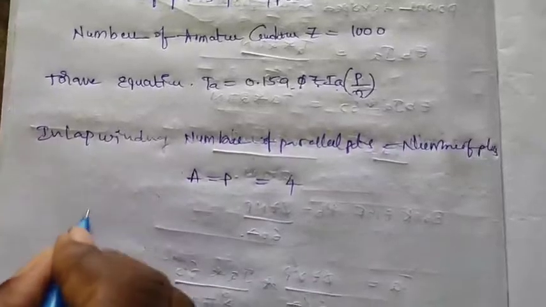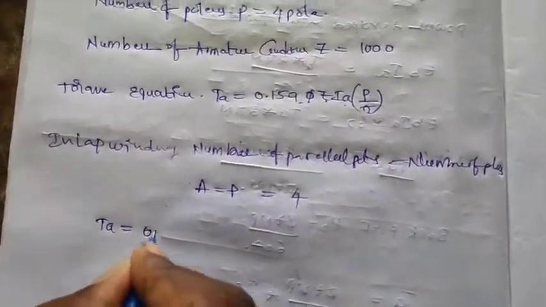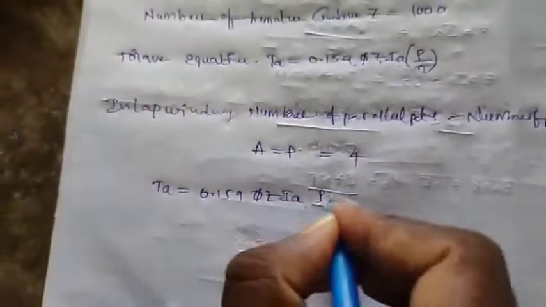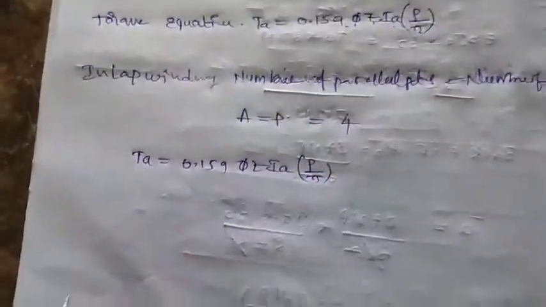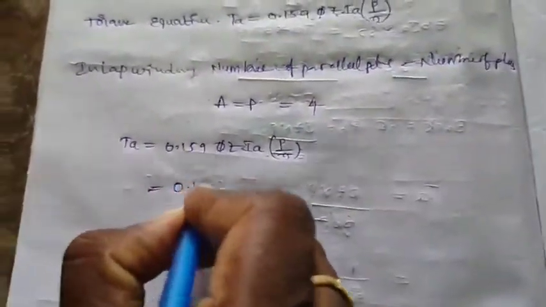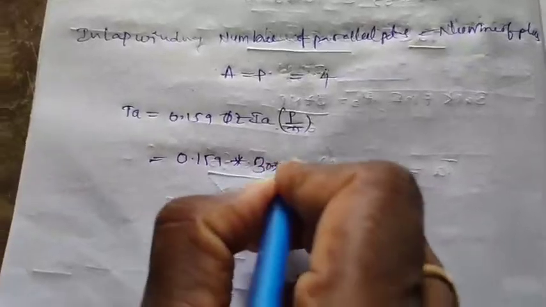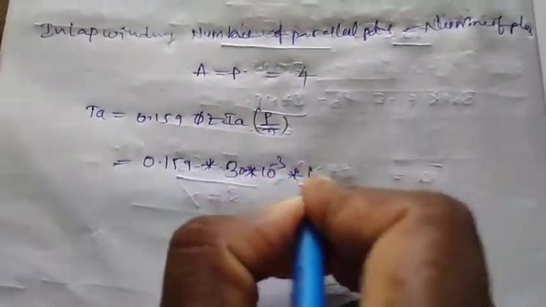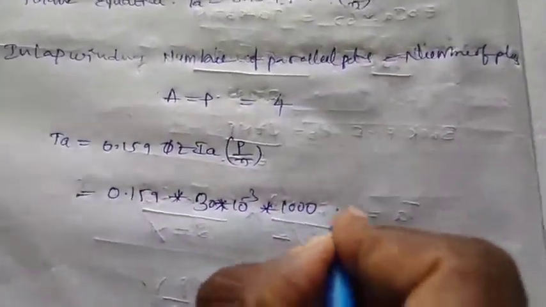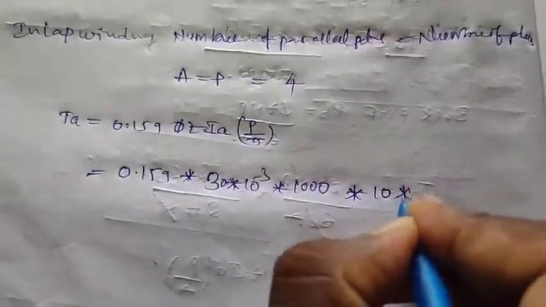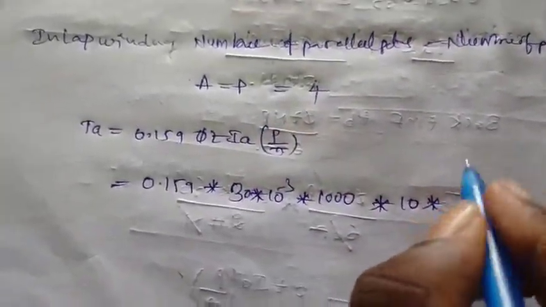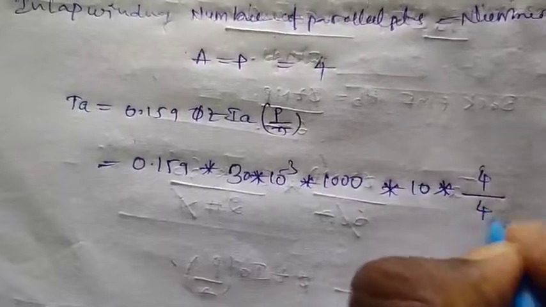Substitute the values in the torque equation. T equals 0.159 phi Z IA into P by A, equals 0.159 into phi value 30 milliwebers, Z equal to 1000, armature current 10, and number of parallel paths equal to 4.